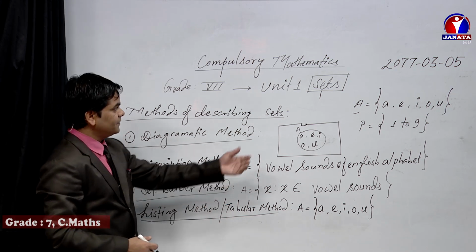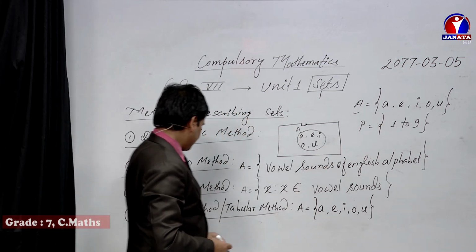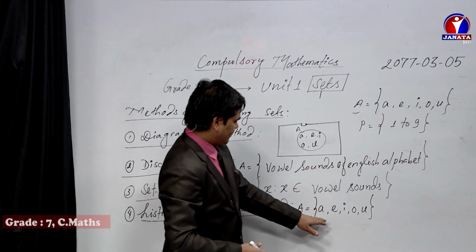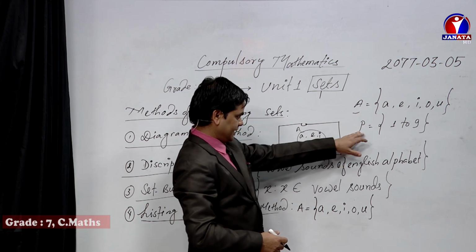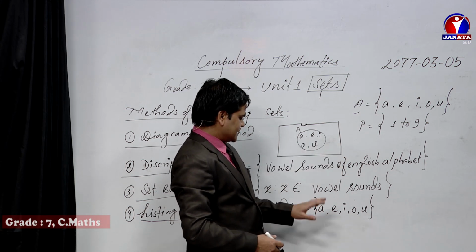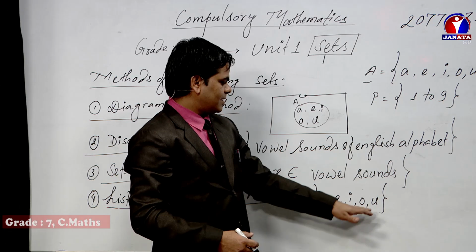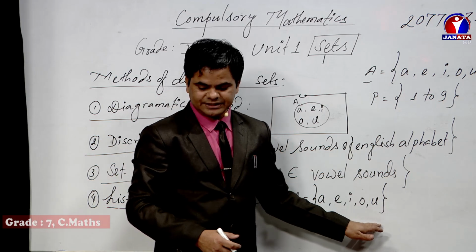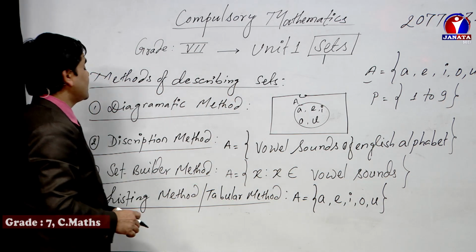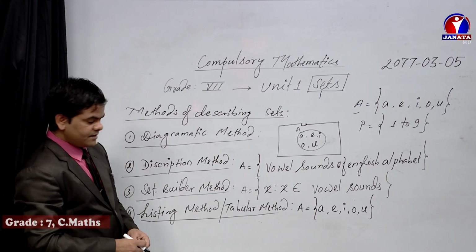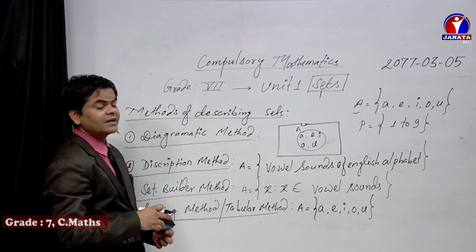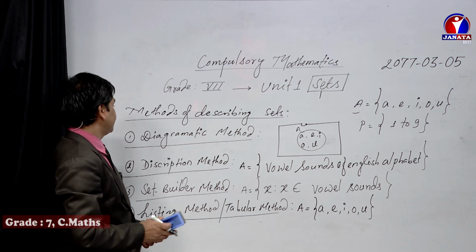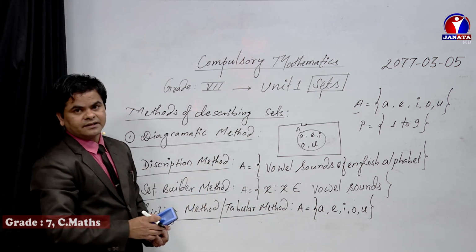In this case, you can mention A equals to or P equals to curly bracket 1, 2, and so on up to 9. So, these are the ways of describing the different information collected inside a set. And now, let us go to another topic.